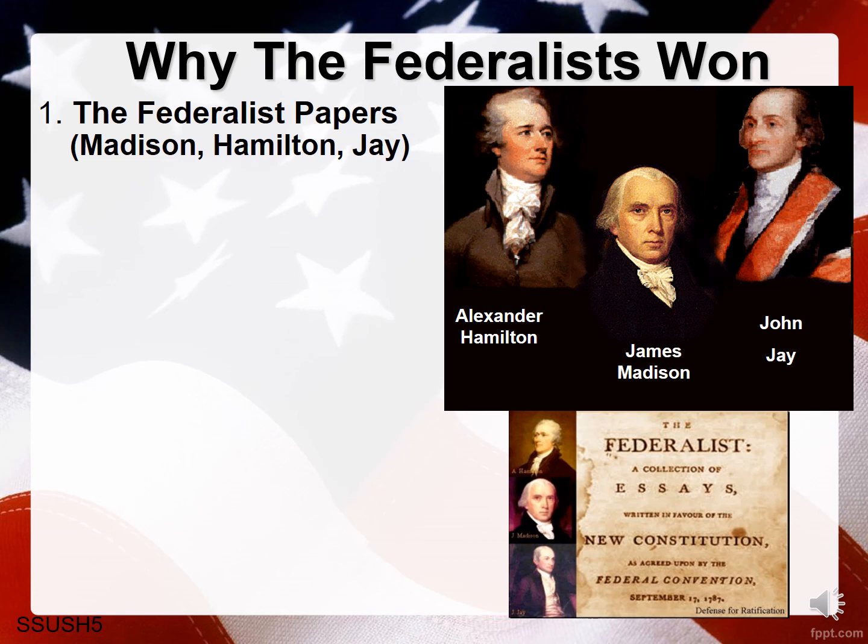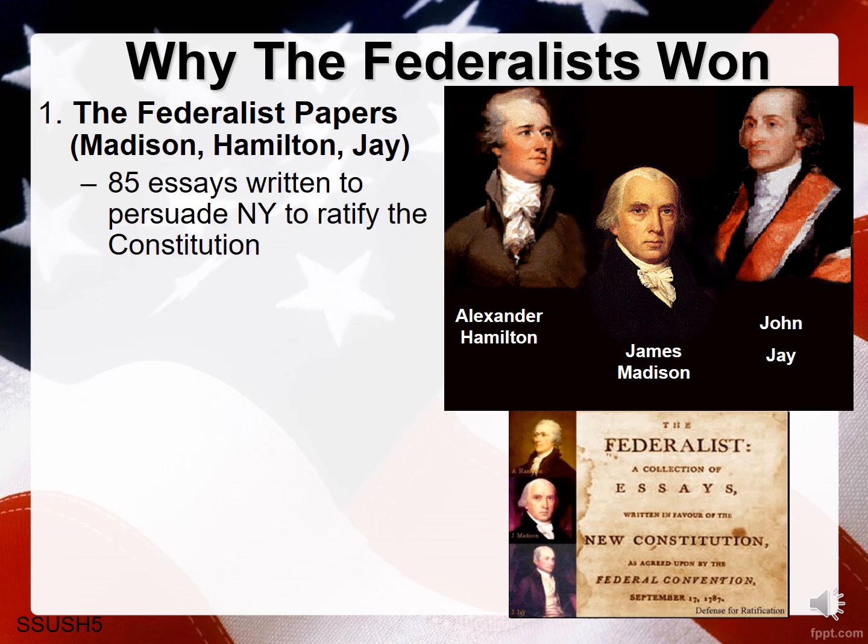If you remember the Federalist Papers, this was a series of 85 essays written by Alexander Hamilton, James Madison, and John Jay under the pen name of Publius, to address opponents and make the case for ratification anonymously. The Federalist Papers, known as The Federalist, was incredibly influential.